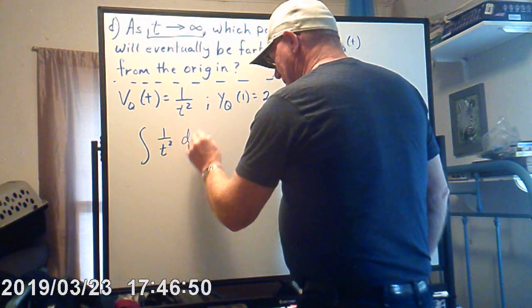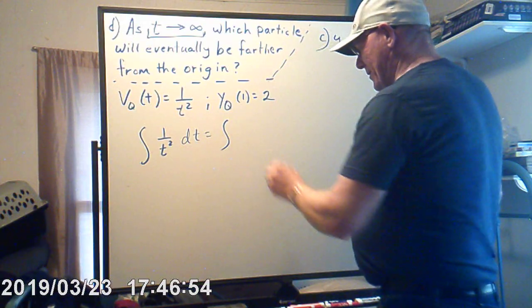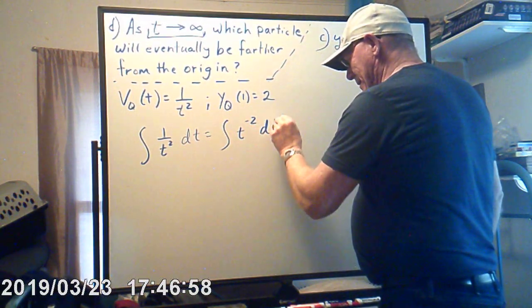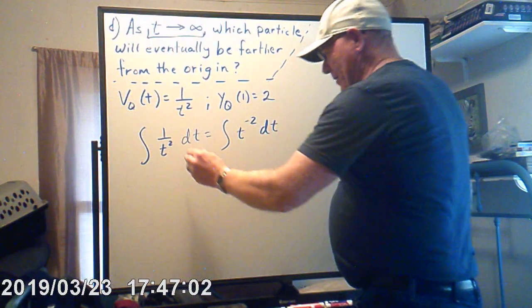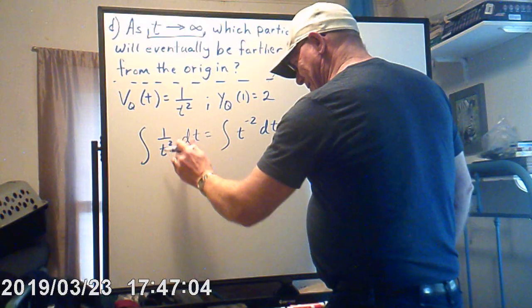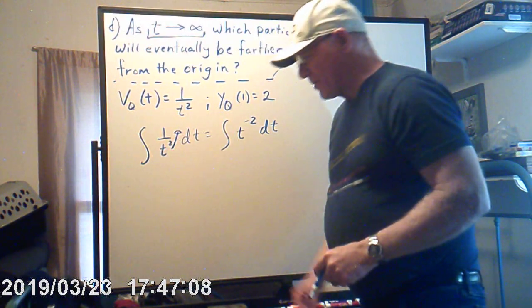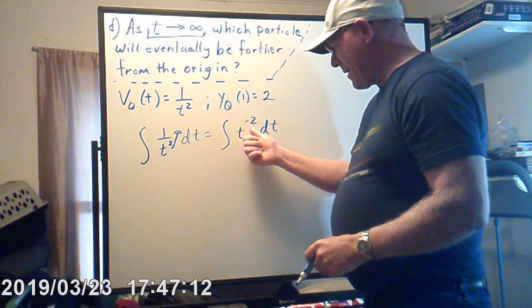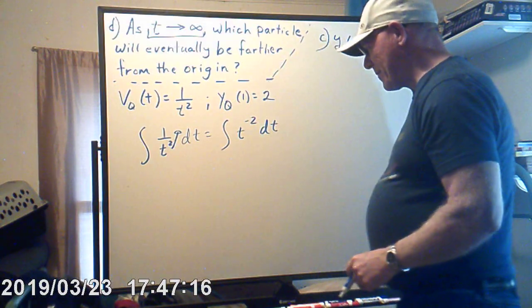And this is dt. Now remember, we can rewrite this as t to the negative 2 dt. Remember, we just really would like to have this as a numerator, put t in that numerator. But since this exponent is positive in the denominator, when we move it up to the numerator, it is going to be negative. And that's important that we understand that.